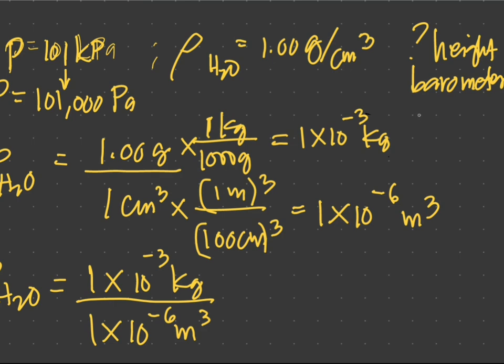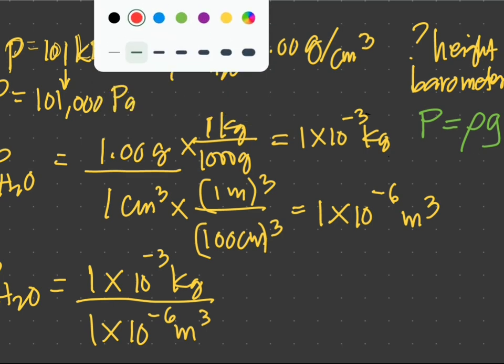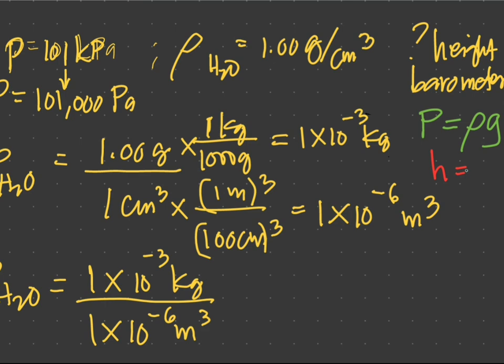So to solve that, we use this formula. Pressure equals density times acceleration due to gravity times the height. And then we derive that. We can solve the height of the barometer, which is pressure divided by the density times acceleration due to gravity.